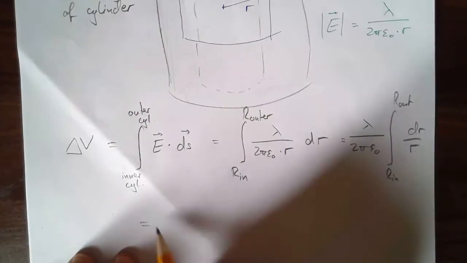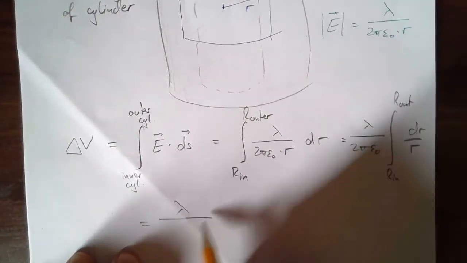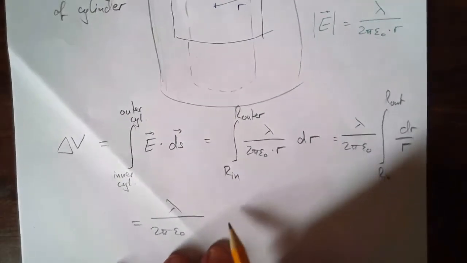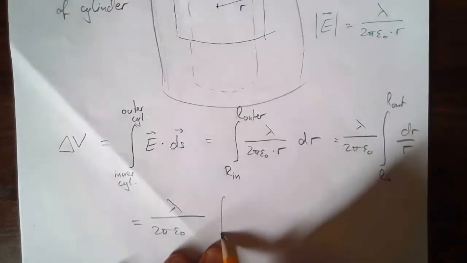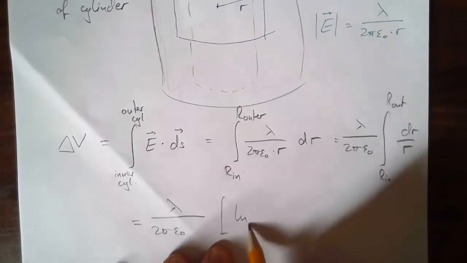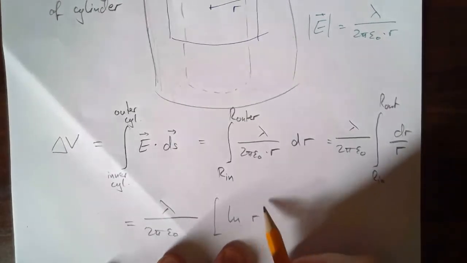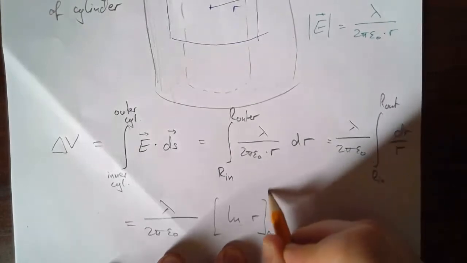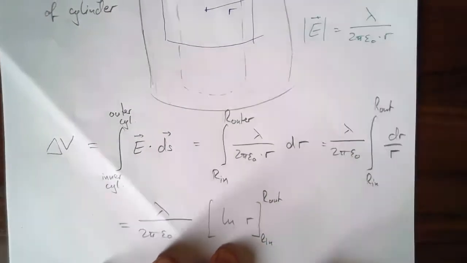So what this gives me when I evaluate is the constants out front, they just stick around. Then I'm going to get the natural log, ln of r, evaluated between the inner and the outer radius.